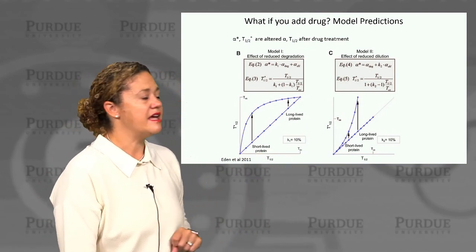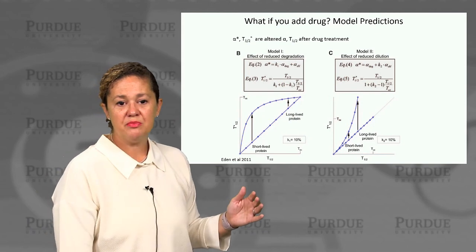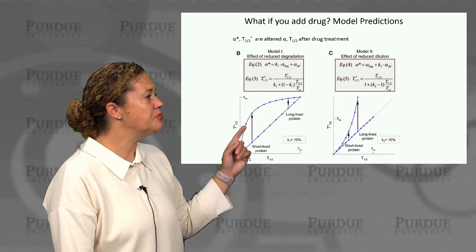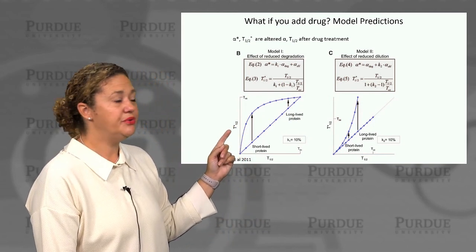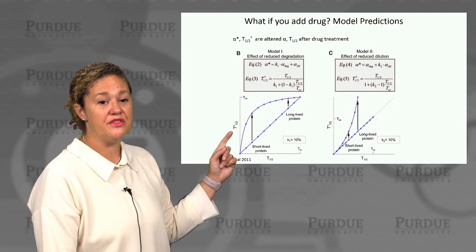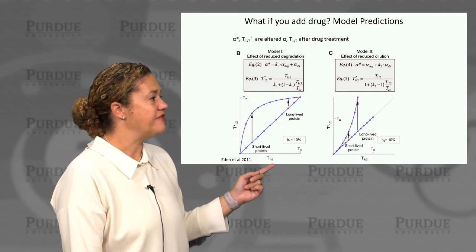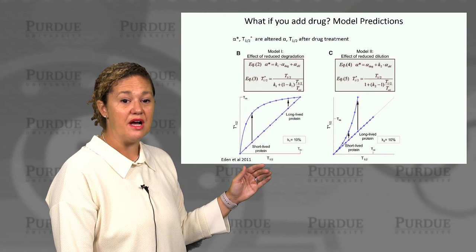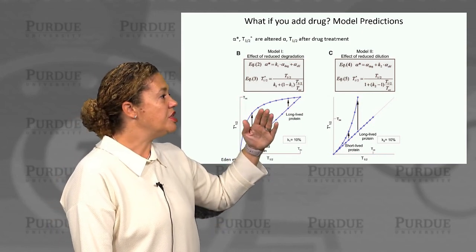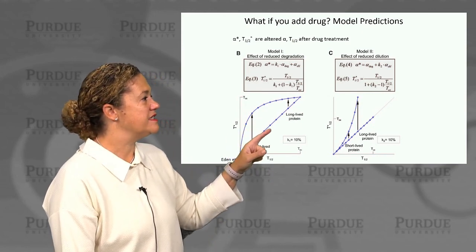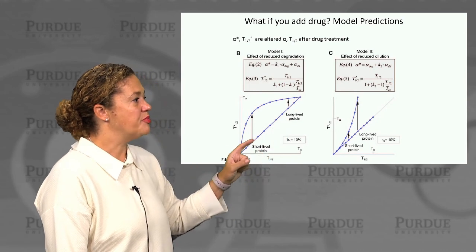So here's an example. If you looked at all 100 proteins and you plot the new half-life of that protein with the drug versus the half-life of the protein without the drug, right? If there were no effect, if they were equal, we would get this straight line with a slope of 1.